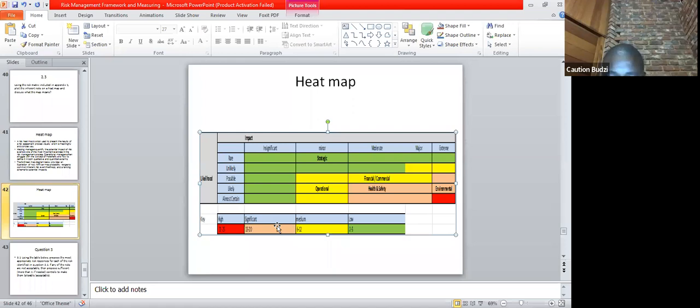So there's a need to invest more so that we try to reduce either the impact or the likelihood of these risks. So basically, this is our heat map.